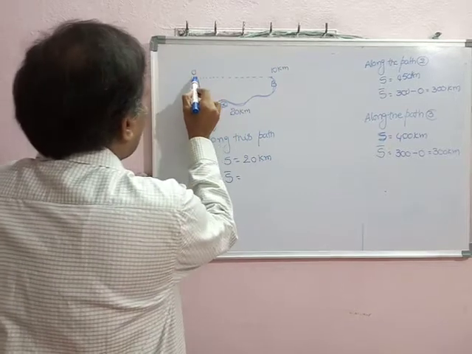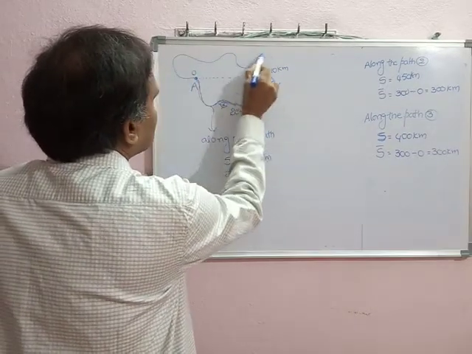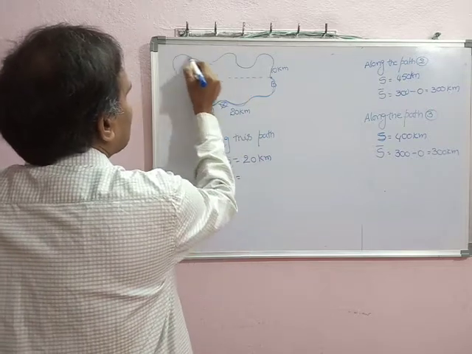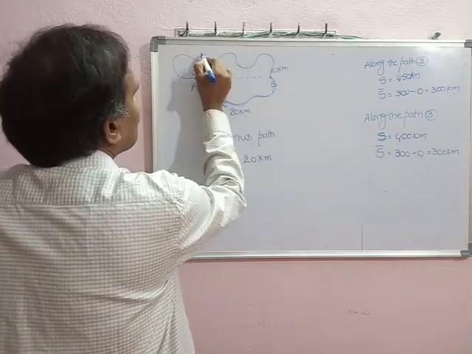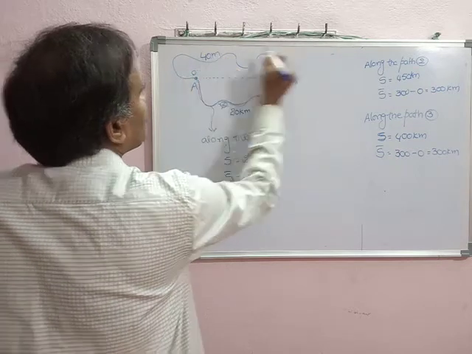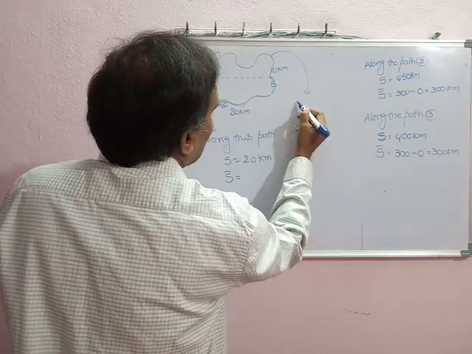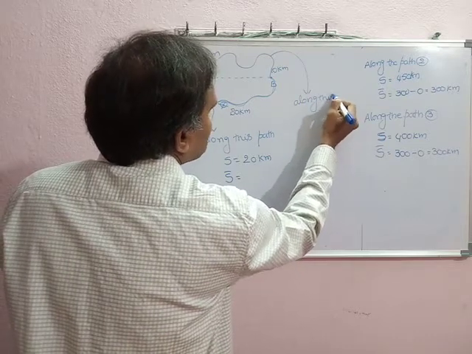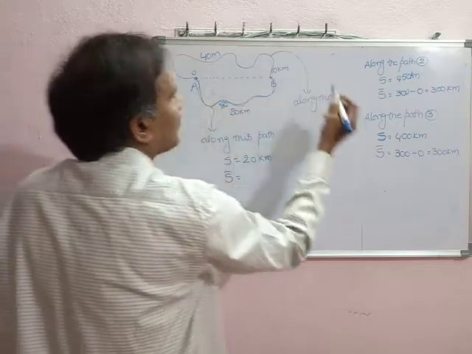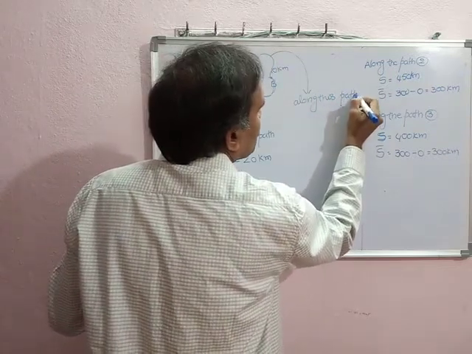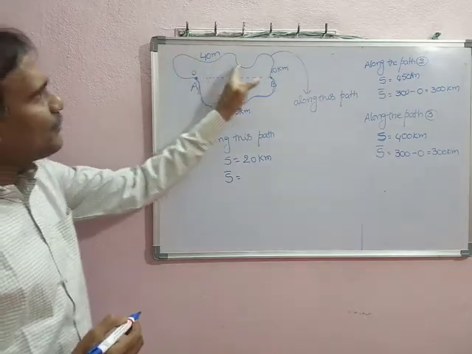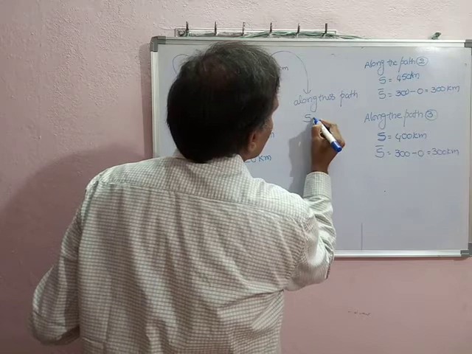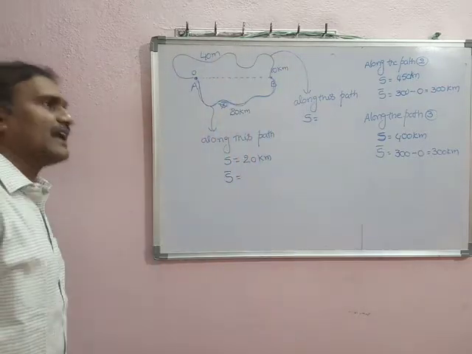Okay. Here another way also exists. Its length is 40 kilometers. Now, if the vehicle completes its journey by using this path, what is the length of the path traveled by the particle?